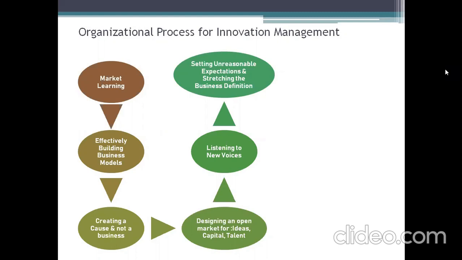We need to have unreasonable expectations from the business, and with listening to the new voices and giving them the chance, we can create more unreasonable demand from the company, from the production process, from the investment, and we need to stretch the business definition and the boundaries even.